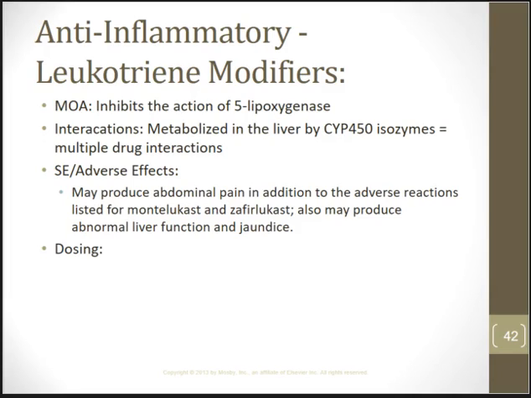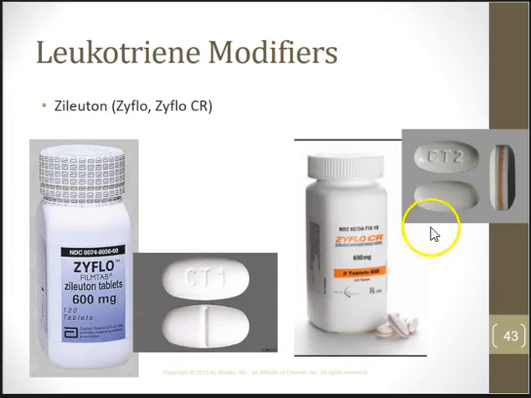This drug can, however, have abnormal liver function and jaundice as side effects. Its generic name is zileuton, and the brand name is Zyflo or Zyflo CR. So CR is controlled release, and you see that it's got different layers here with a CR. So the tablets look very similar. CT1 is the regular, and CT2 is the controlled release.